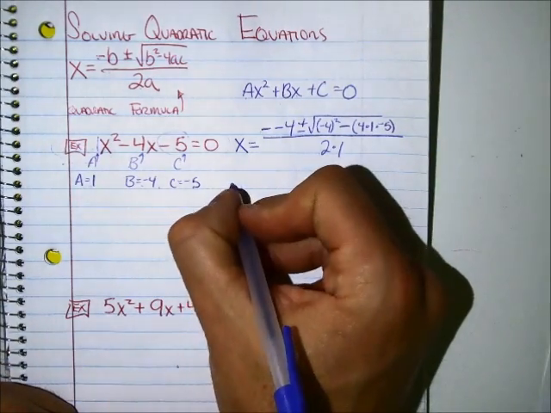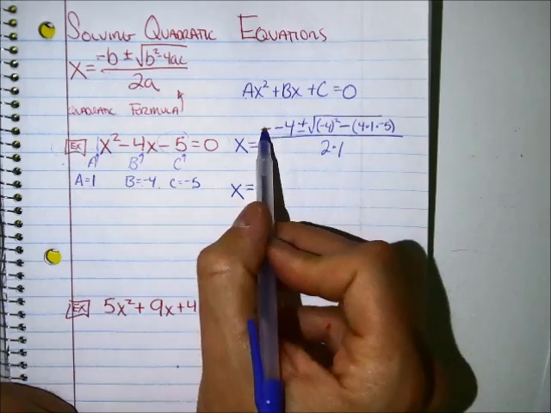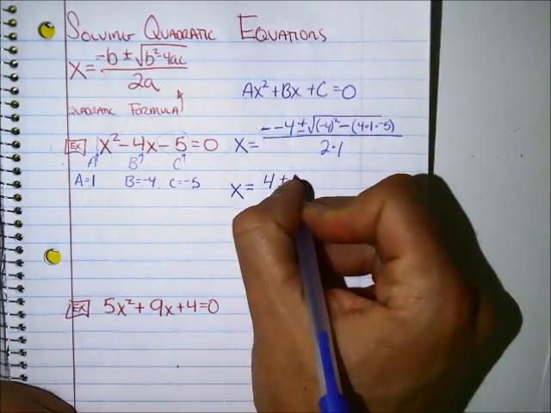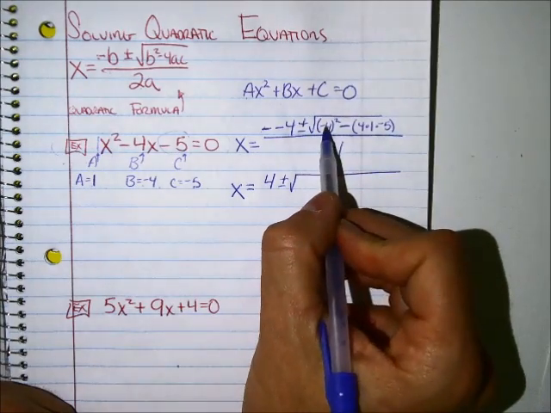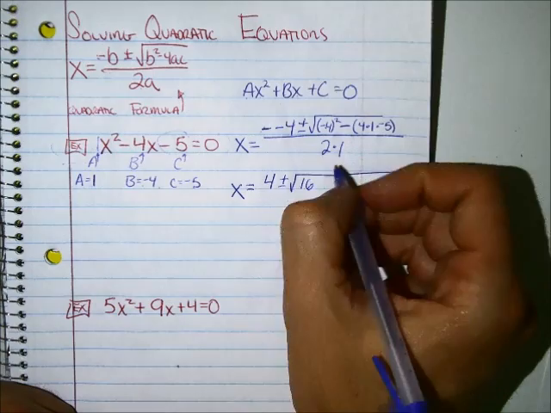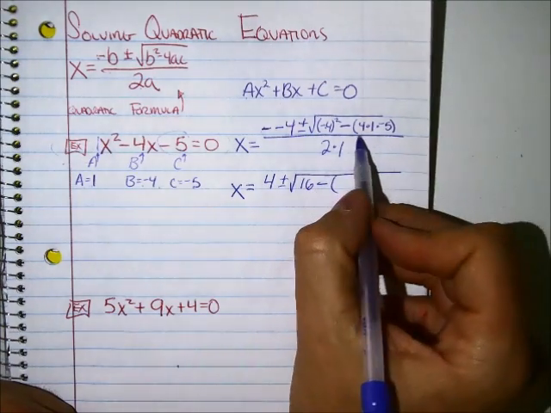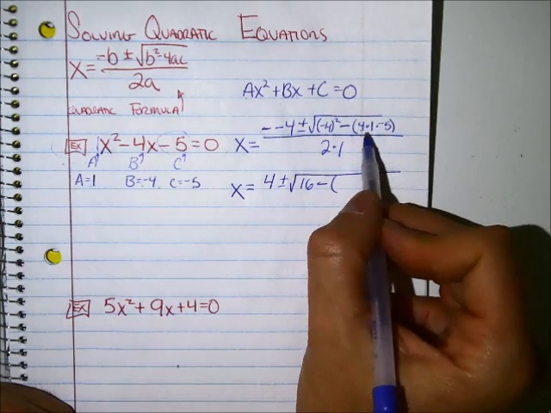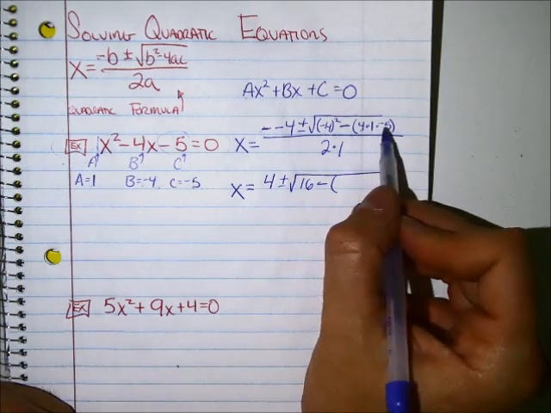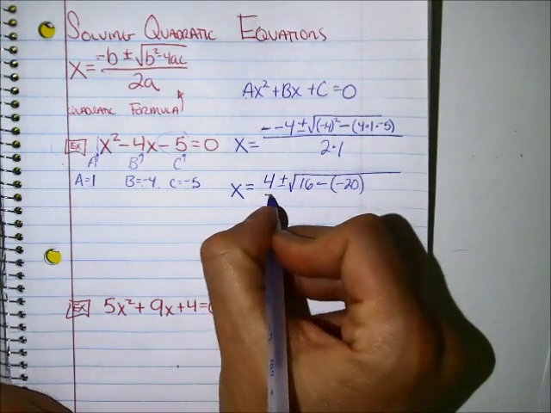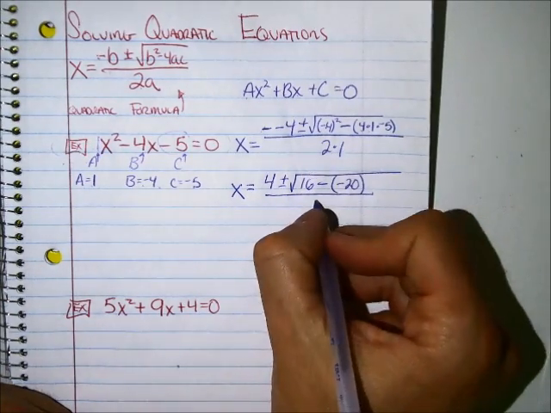So I'm going to start simplifying. Negative negative 4, that's just 4, plus or minus the square root of negative 4 times negative 4 is 16, minus 4 times 1 times negative 5. 4 times 1 is 4, times negative 5 is negative 20, all over 2 times 1, which is 2.